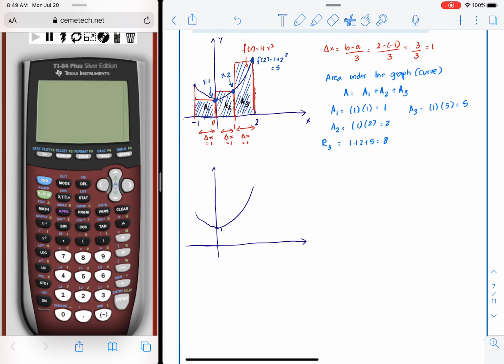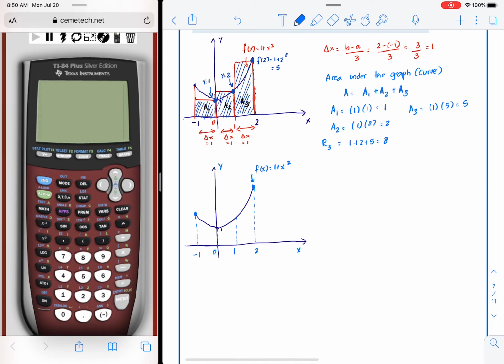So now we are going to move on and use the same trick. 3 endpoints, but only this time we're going to start from the left hand side.